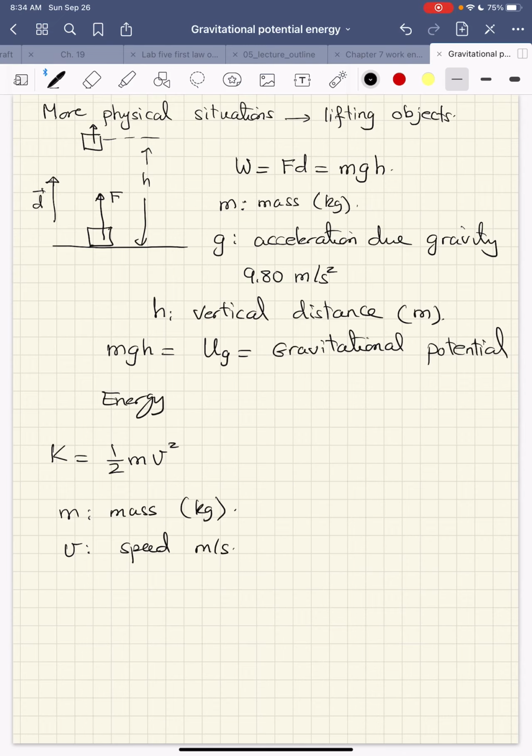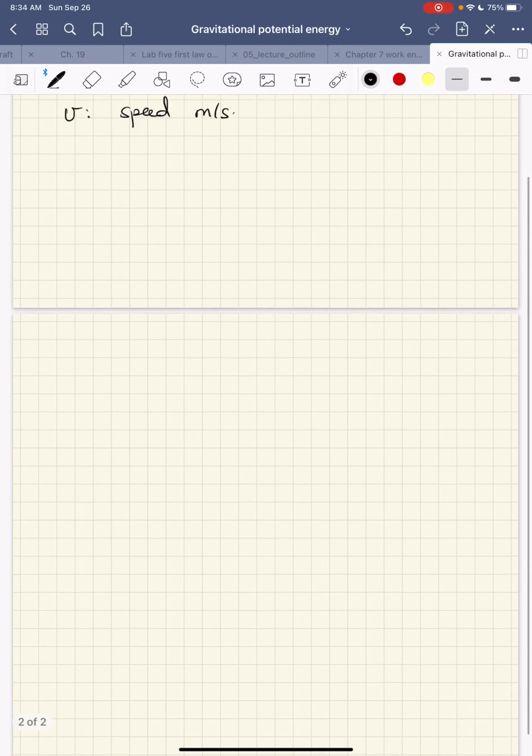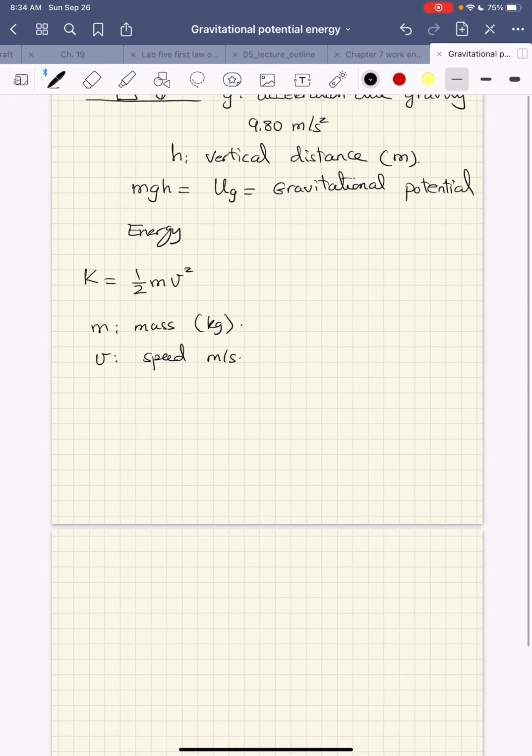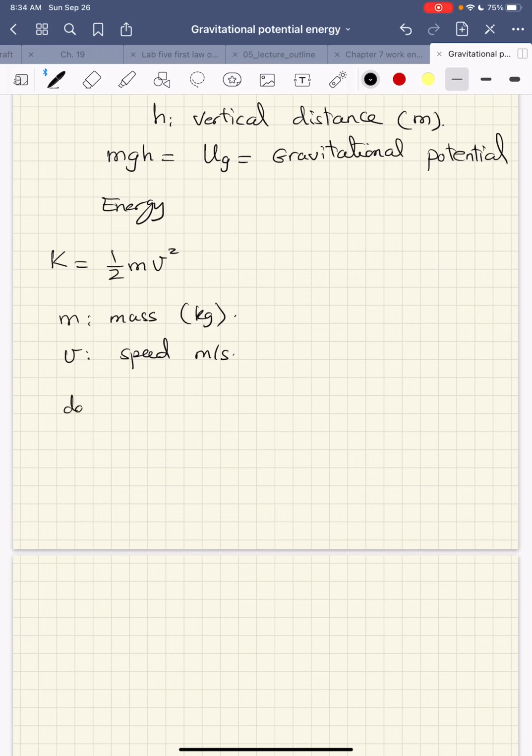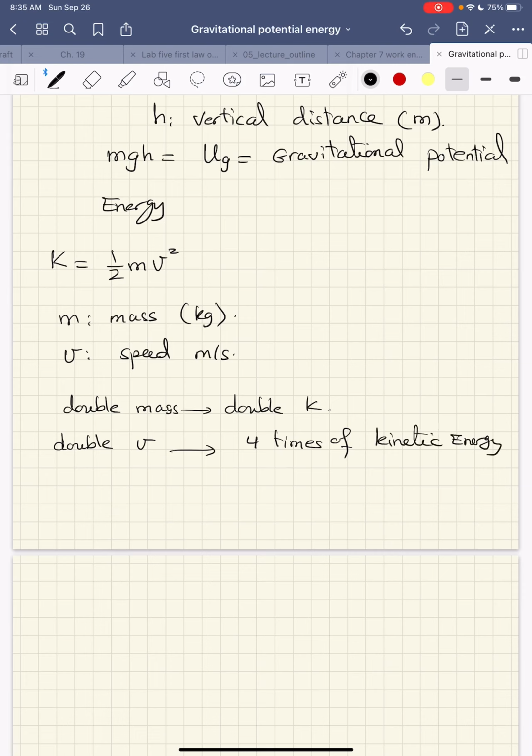Something worth saying here is that when you double the mass, you double K. But if you double v, this makes it 4 times the kinetic energy because it is squared.